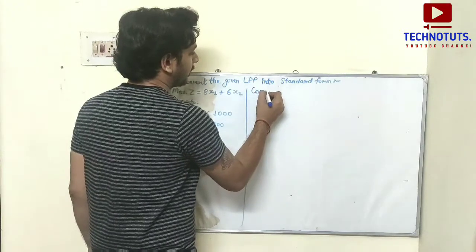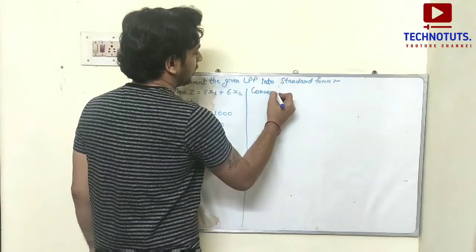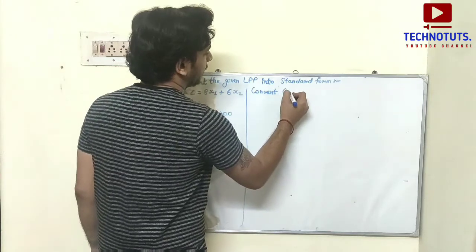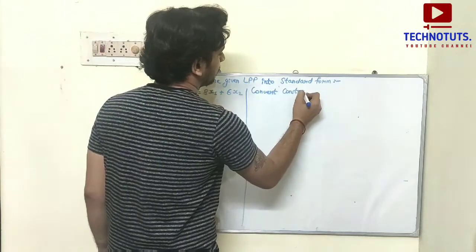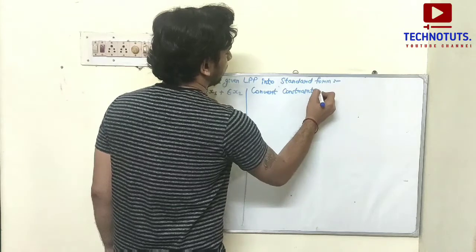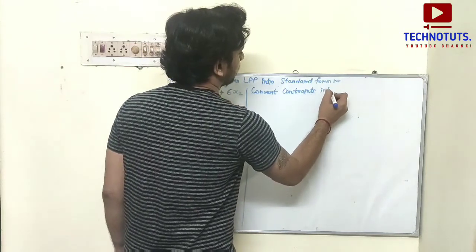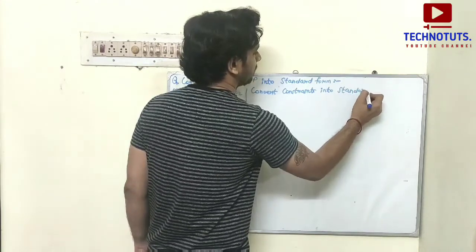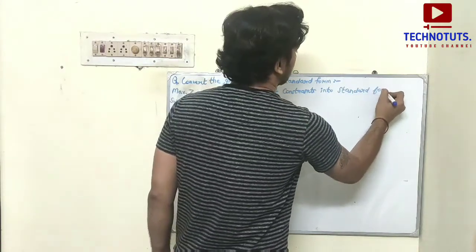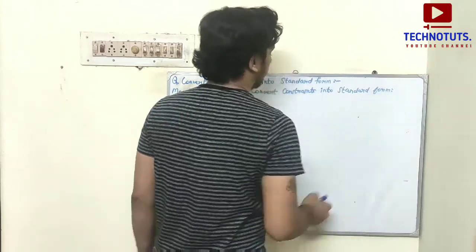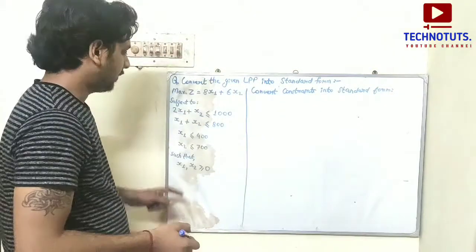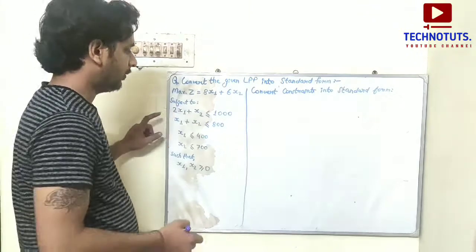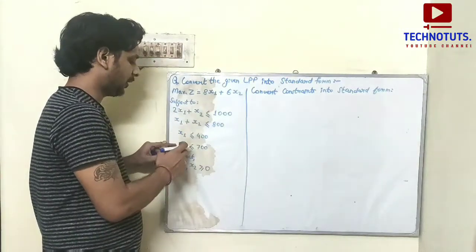So let us convert the constraints into its standard form. First we will take equation number 1, then equation number 2, then equation number 3, then equation number 4.